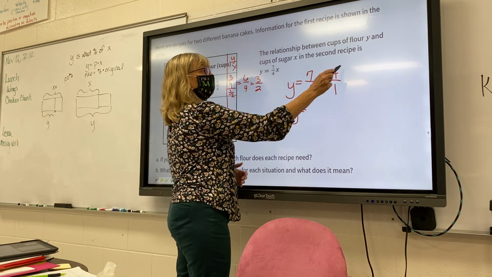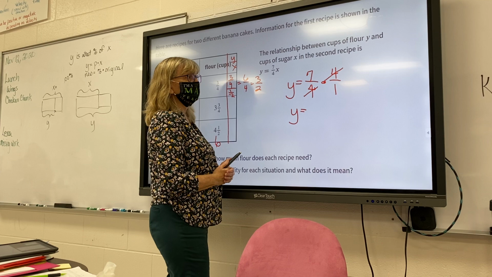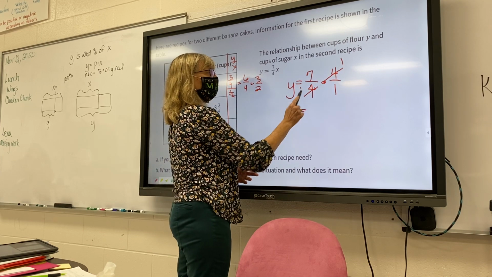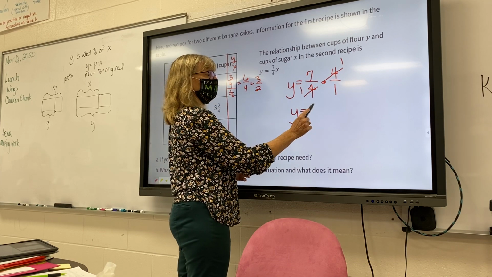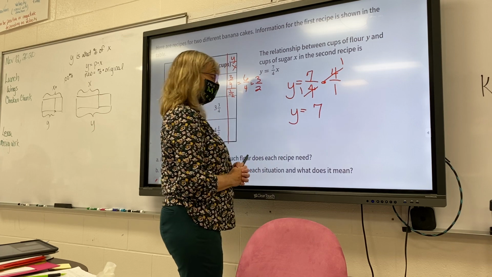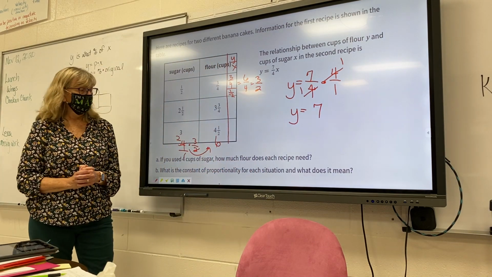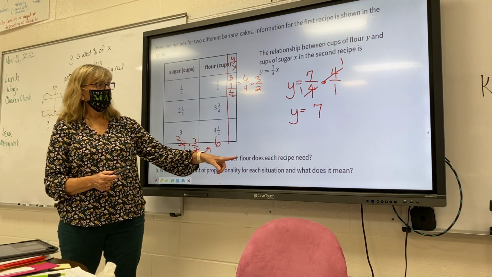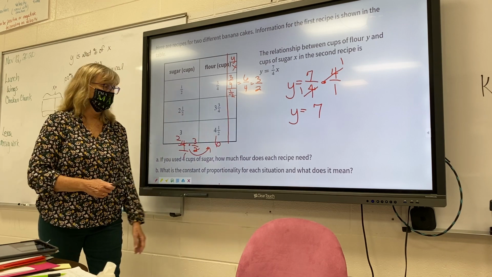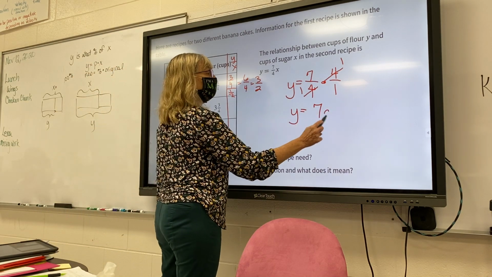Can I cancel numerator to denominator? Yes. All right, so I get 1 here and 1 here. So the answer is 7/1, which is 7. So how many cups of flour do they need? 7 cups of flour for this one.